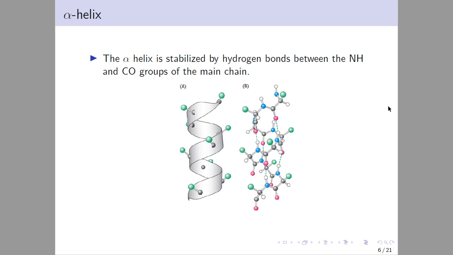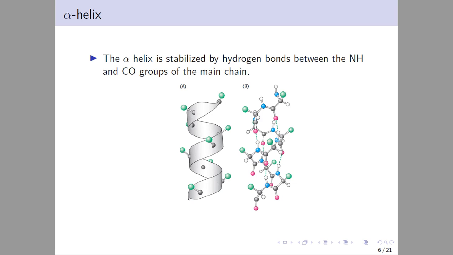You can see here, this is one. We have the hydrogen bond between this nitrogen and these oxygen, and this is the hydrogen of this nitrogen.